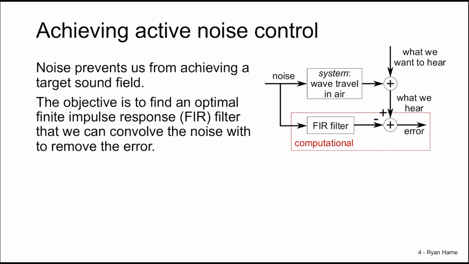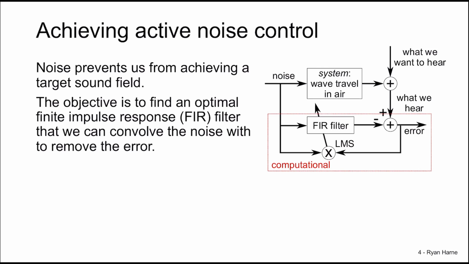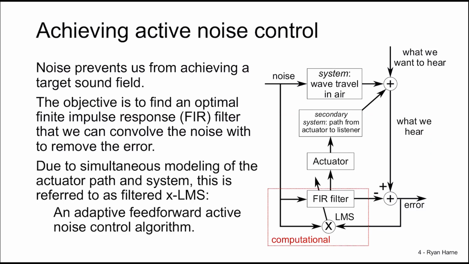Now, this is purely computational as shown here. To actually implement it, we need to learn from our mistakes. So the error is fed back and automatically updating the FIR filter through an LMS, or least mean squares, algorithm. In practice, this requires actuators, a control source, and this has its own path and impulse response to be contended with.